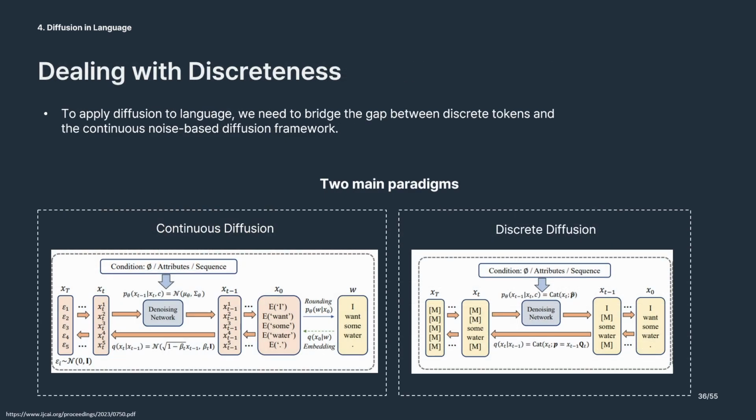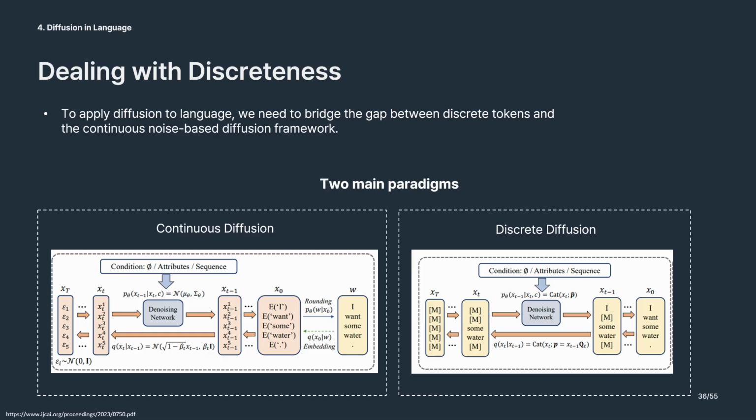Now that we've seen why direct diffusion on text doesn't work, the next question is, how can we deal with the discreteness of the language domain? There are two main approaches. First, we can keep the diffusion process continuous, just like in images, by mapping discrete tokens into a continuous space. This is done through embeddings or latent representations. After the denoising process, the model maps the result back to the nearest token.